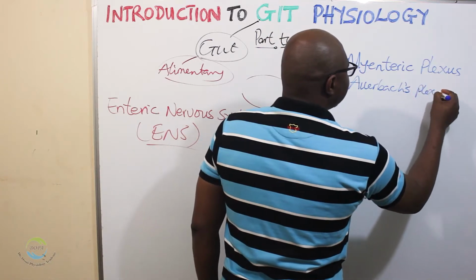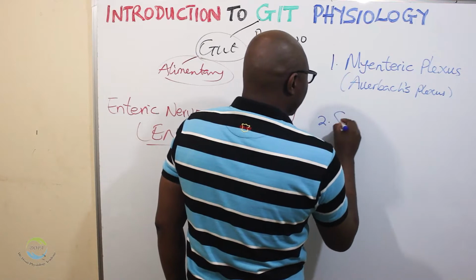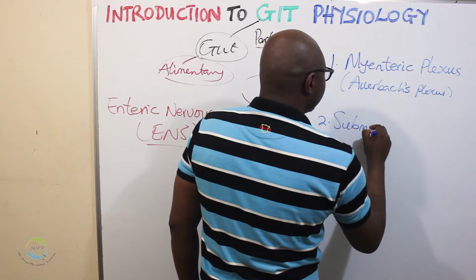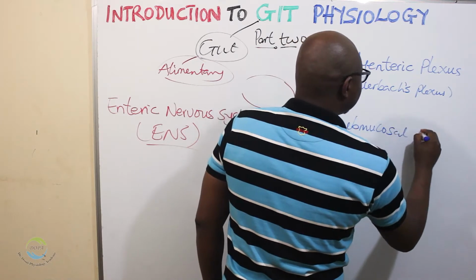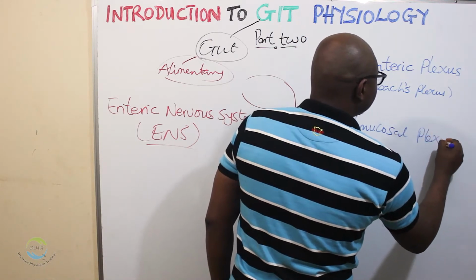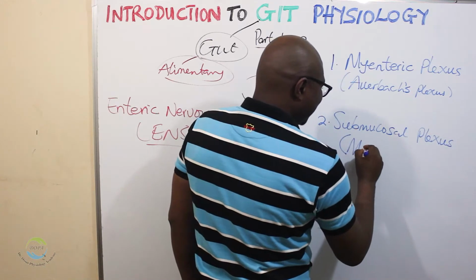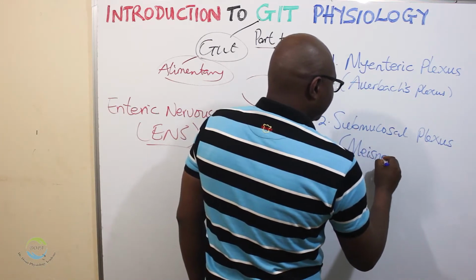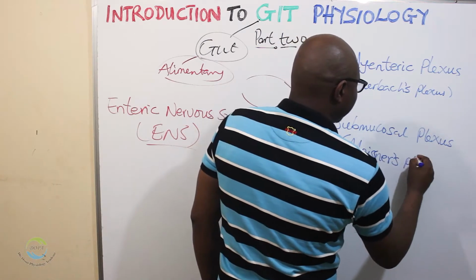And number 2, the submucosal plexus, which is also known as Meissner's plexus.